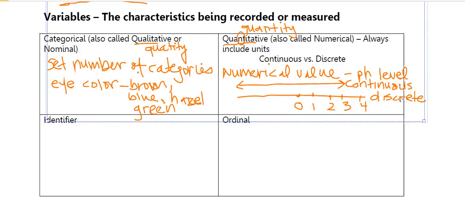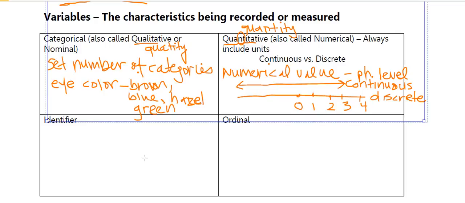Okay, so continuous, it takes on every value. Discrete, only a set number of values. Okay, so those are our two main types of variables, categorical and quantitative.